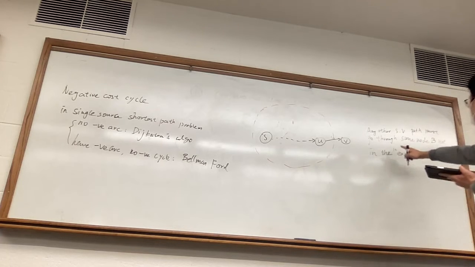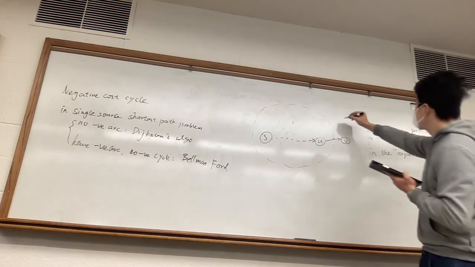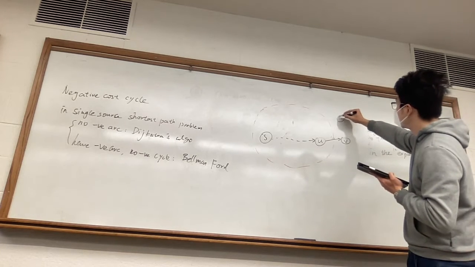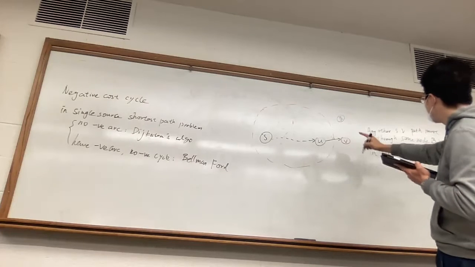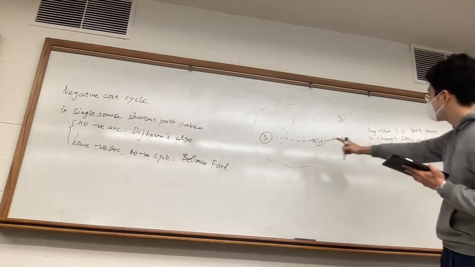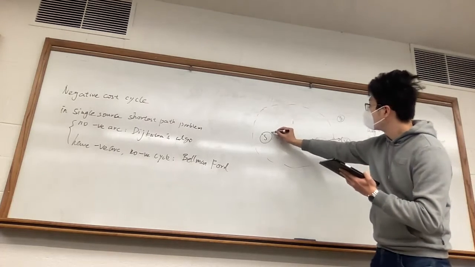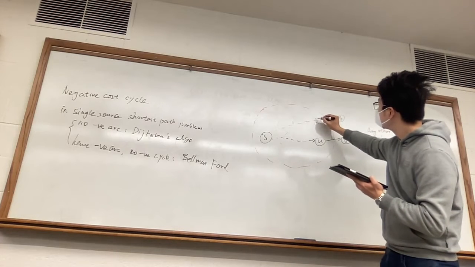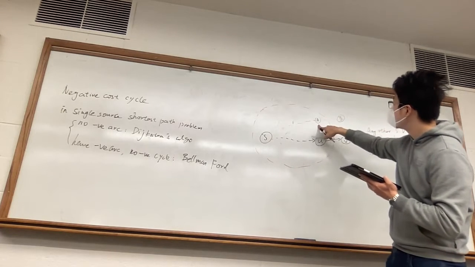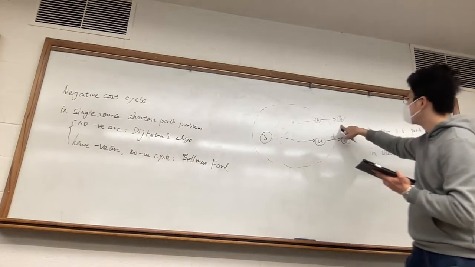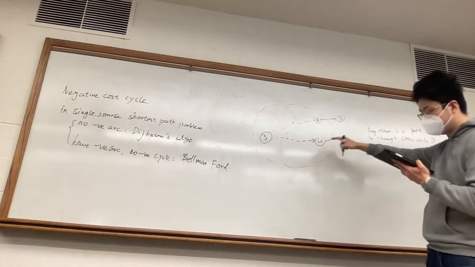What does this mean? This statement says that there must be some B outside of this red circle. For any other SB path, you must go to some vertex A that is still in this set, and then U to B outside of this red circle.